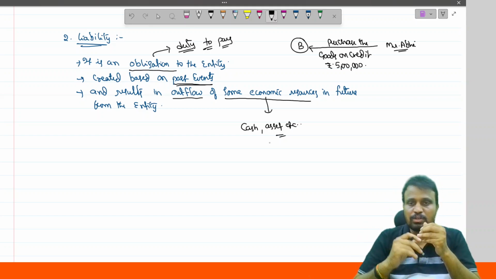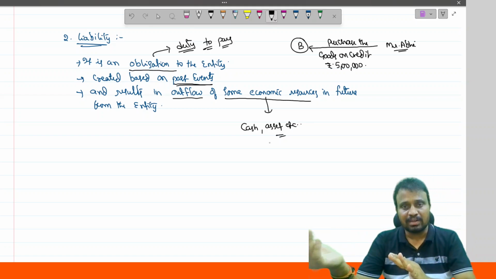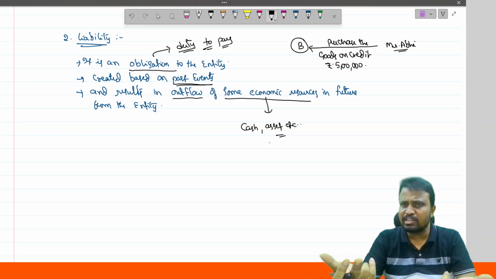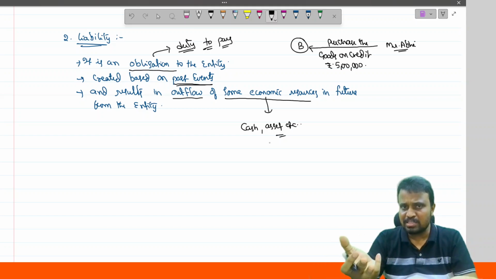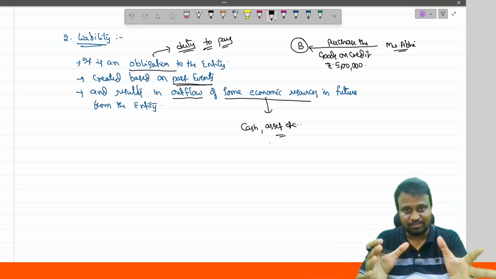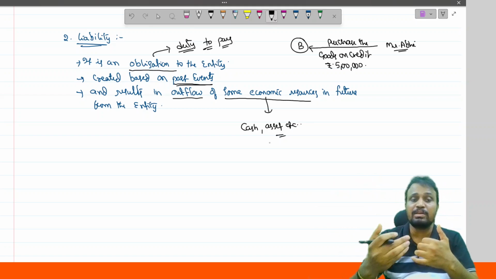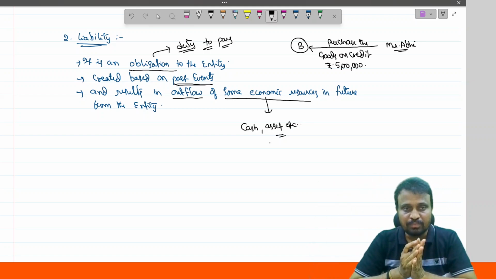That is the transfer of economic resources from the entity to the third party in future. So after some period, you are required to pay that party. If you pay the amount in cash, that is one type of economic resource. If you are unable to pay in cash, you have to hand over one of the assets you have. So it results in some outflow of economic resources from the entity to the person in future. That is said to be a liability.